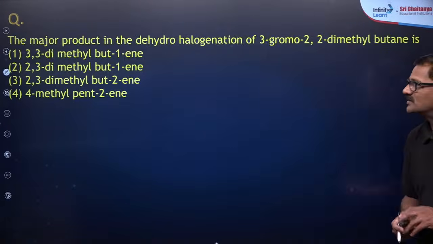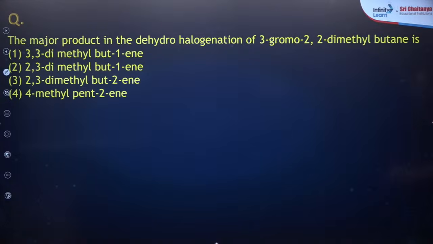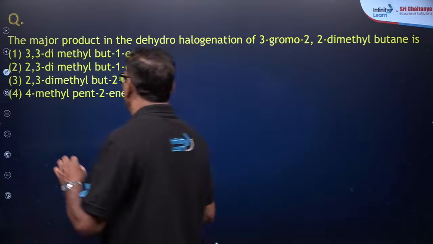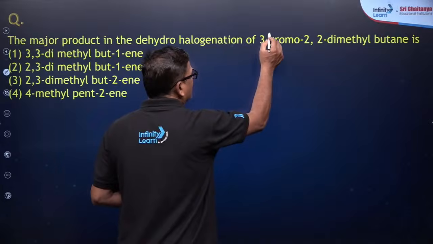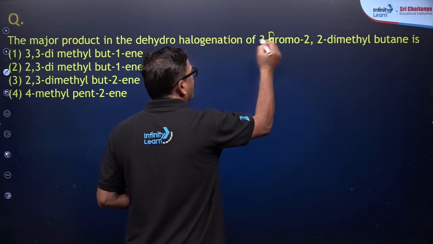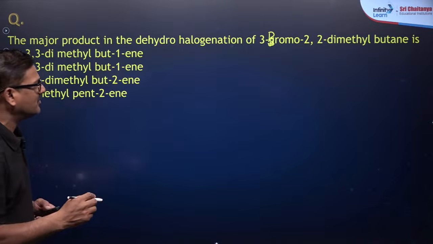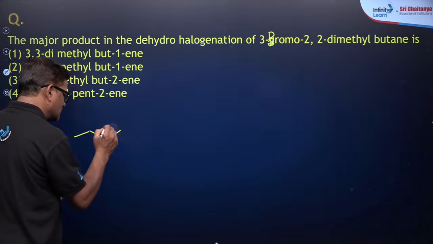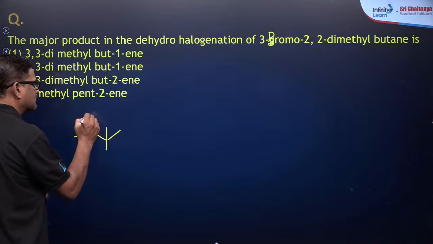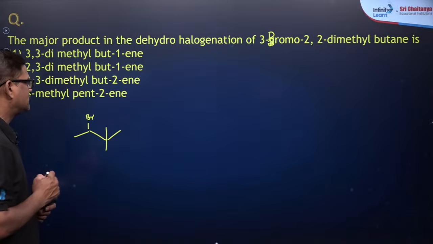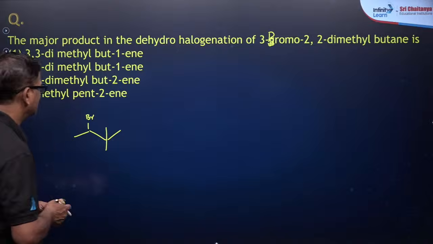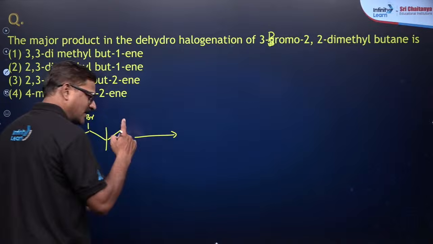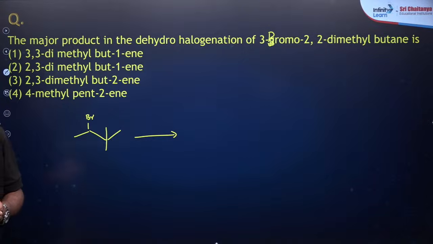Let's see one more question. Who will answer this? Now, the same dehydrohalogenation. The major product in the dehydrohalogenation of 3-bromo-2,2-dimethylbutane. If this is the case, in the dehydrohalogenation, rearrangement takes place, right.